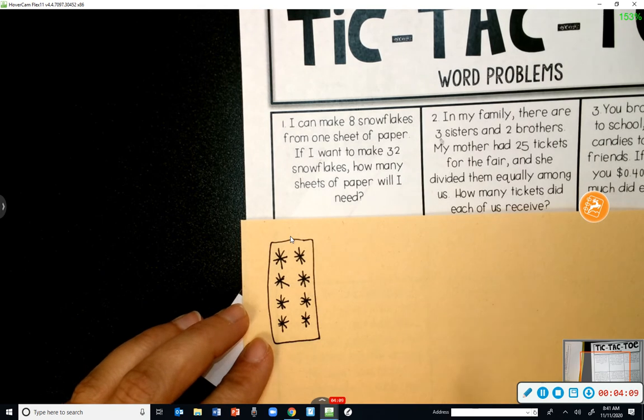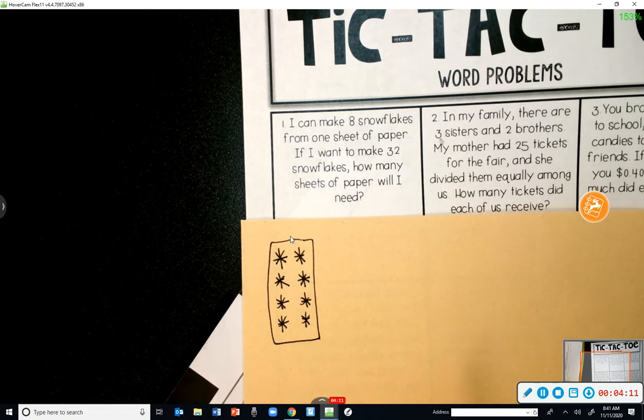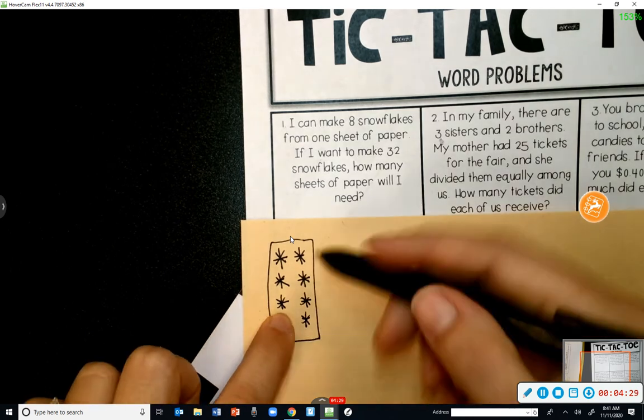Okay, so now what I need to do? How many snowflakes can I make with 32? Or if I want to make 32 snowflakes, how many sheets of paper will I need? So what would I do? Keep going until I get to what? 32. So I have a group of 8.